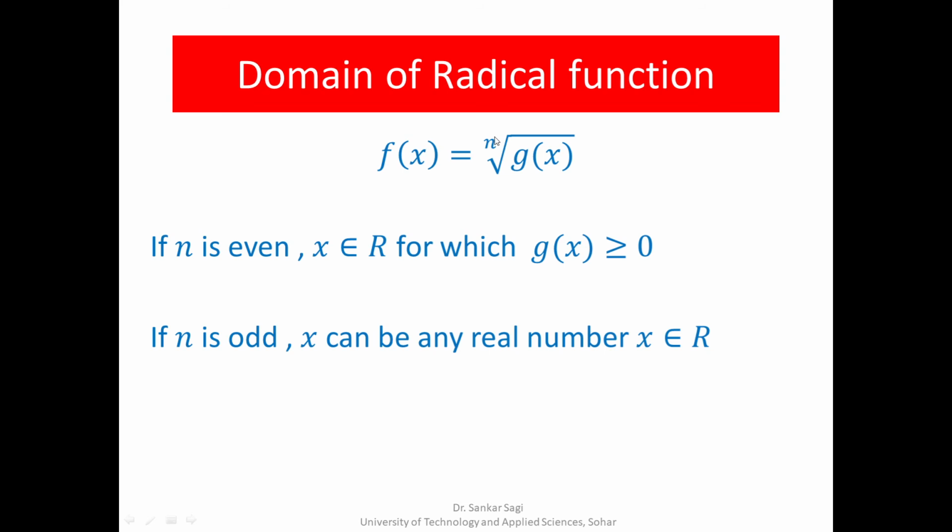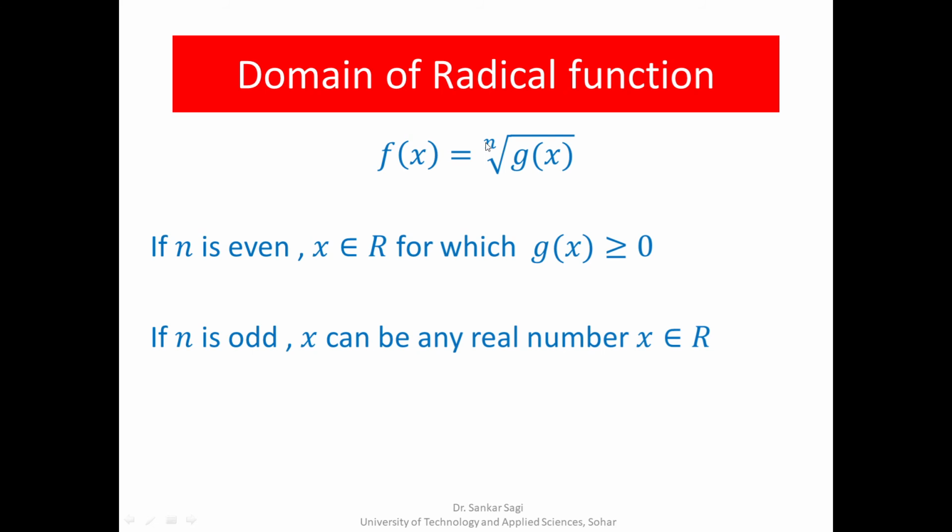So if it is the nth root where n is an even number, that means n is 2, 4, 6, and so on, then the expression inside that root should be non-negative, because when n is even, the nth root of any expression is valid only when the inside of the root is non-negative.